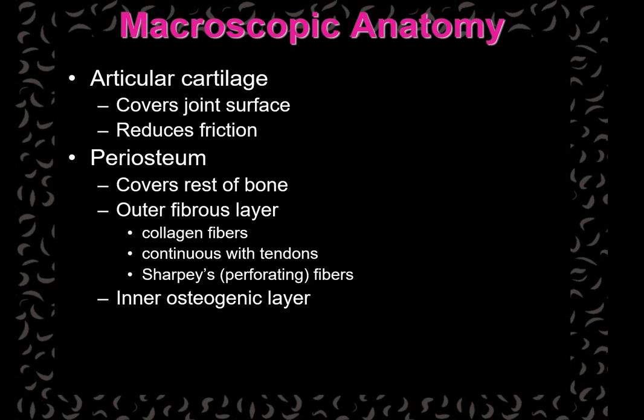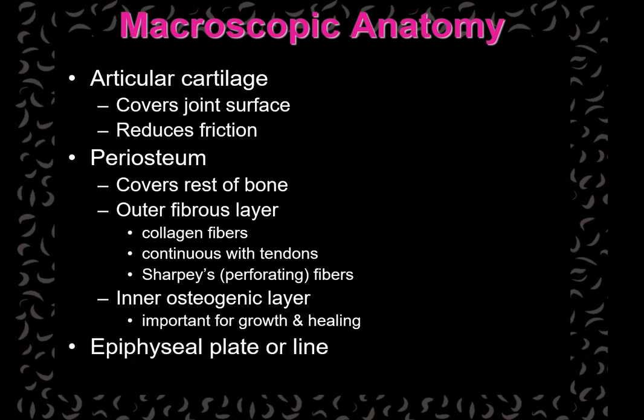The inside layer, the layer touching the bone, is the osteogenic layer, and that's where we're going to find the cells that create new bone. So these cells will help repair damaged bones, and they will help normal bones grow, either in length, but a lot of times in just diameter.